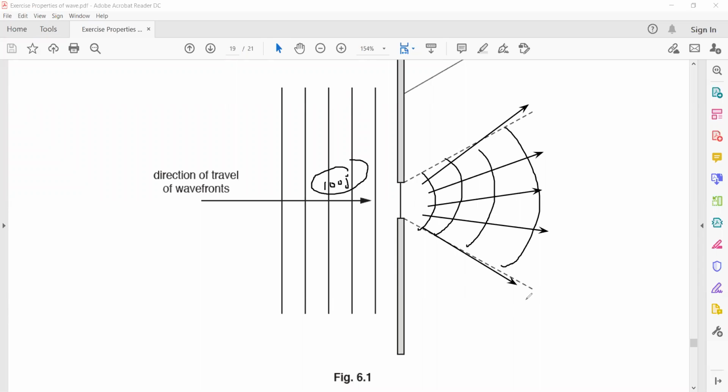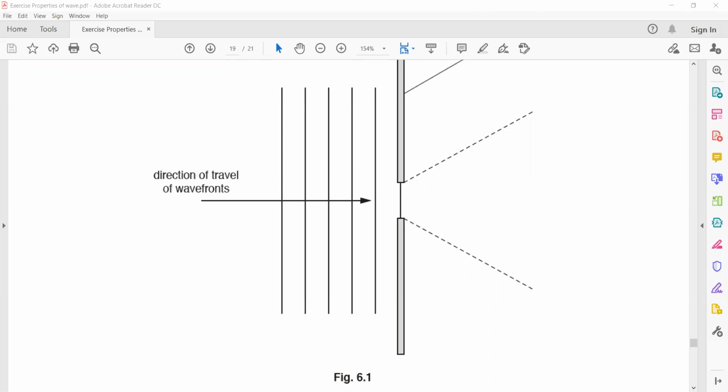So each will receive, for example, 20, 20, 20, 20, and 20. You can see all the 100 joules of energy, as it passes through a gap, is spread out, or maximum diffraction occurs.